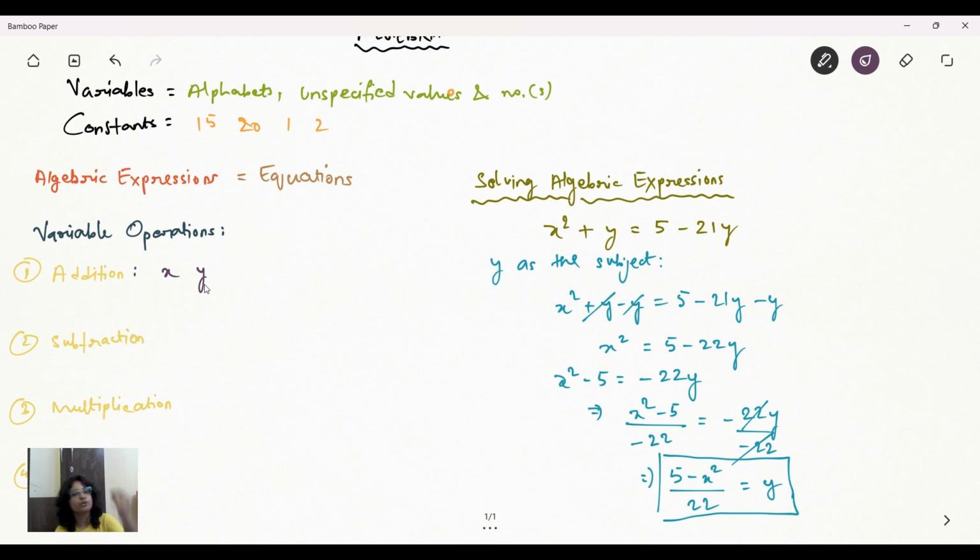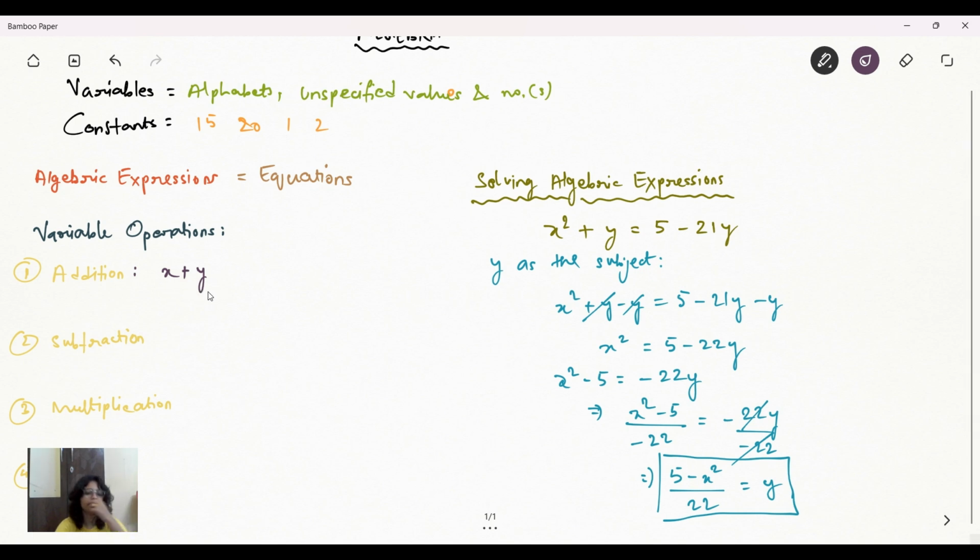So if we are doing their summation, this can only add up, we cannot further simplify it. Two unlike variables cannot be added to each other.